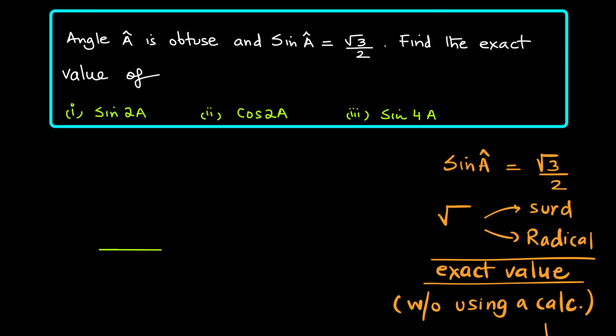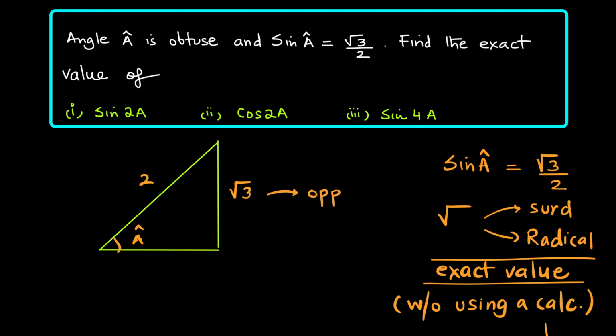The triangle that we draw is for an acute angle, and the plus minus sign, the positive negative sign, will be taken care of at the very end. So now this is angle A and sine is opposite. So root 3 is the opposite value and 2 is the hypotenuse value.